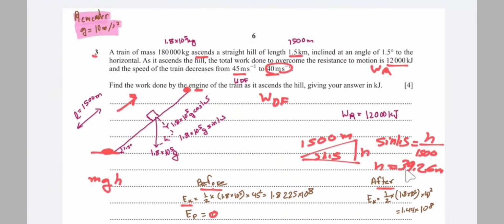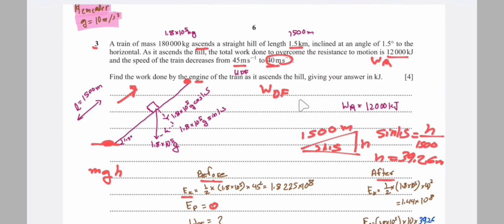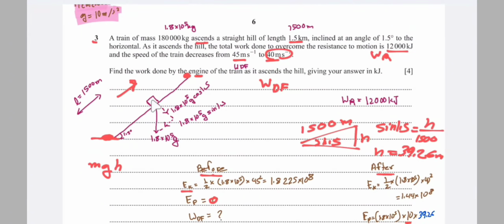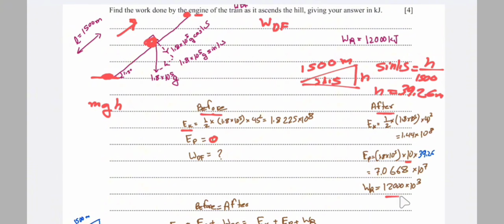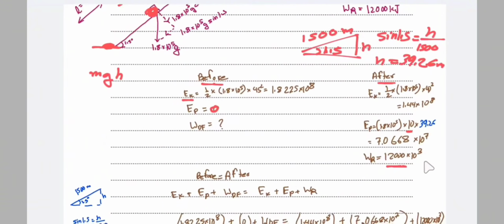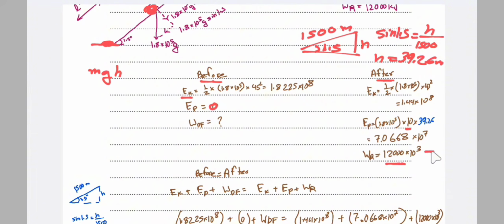And what is the work done against resistance? For this train, we have been given the value of work done against resistance, and since it is in kilojoules, we need to multiply by 10 to the power 3 to convert it to joules.